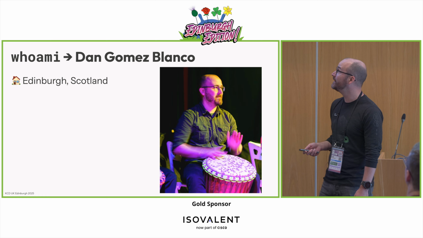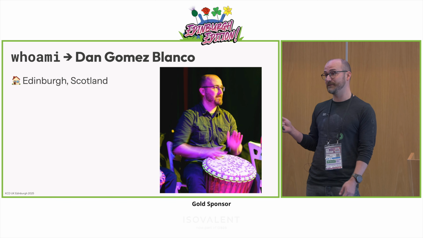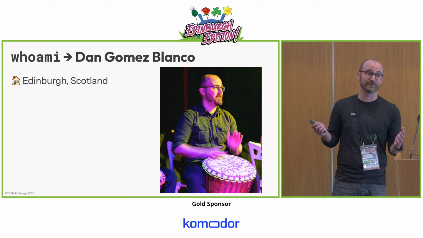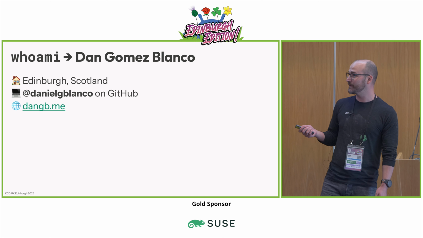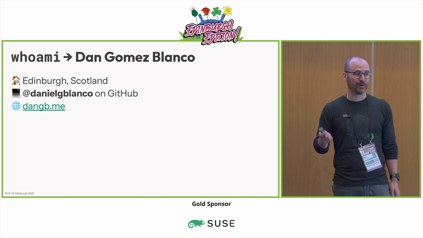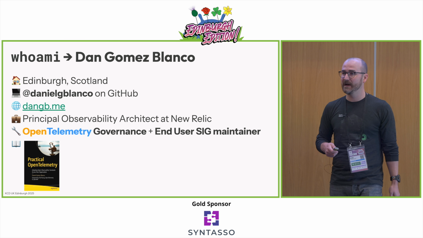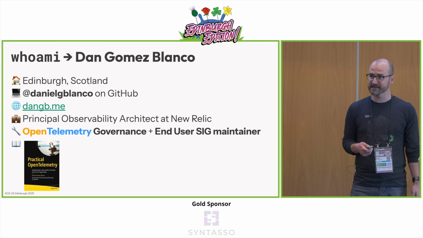My name is Dan. If you're from Edinburgh, you might know me from drumming at weird places and parks. I do like drumming, but this is not what I'm talking about today. This is my GitHub handle, and this is my personal website. I'm a principal observability architect at New Relic.